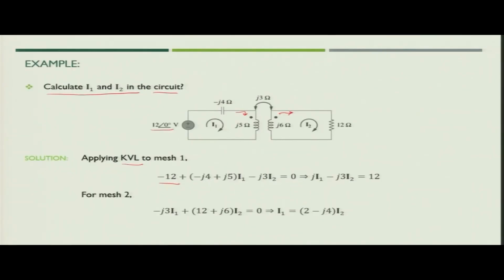So, using KVL again you can solve circuits where you see these kinds of magnetically coupled coils. The important thing you have to remember is how you will find out the polarity of the mutual voltage.